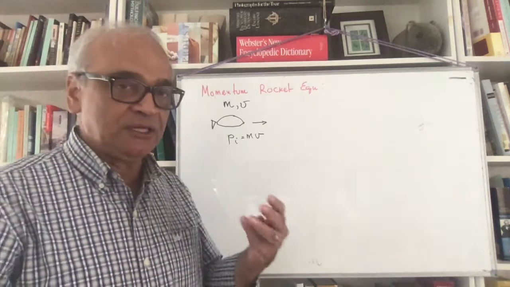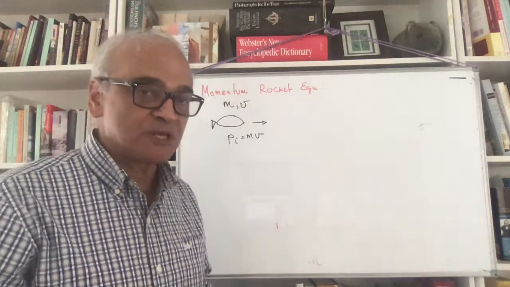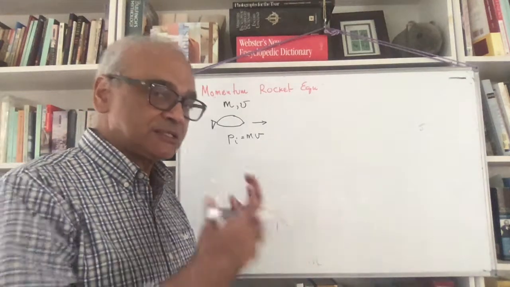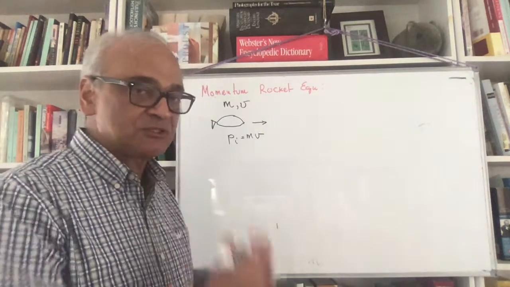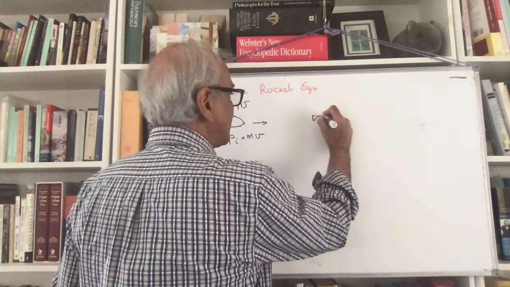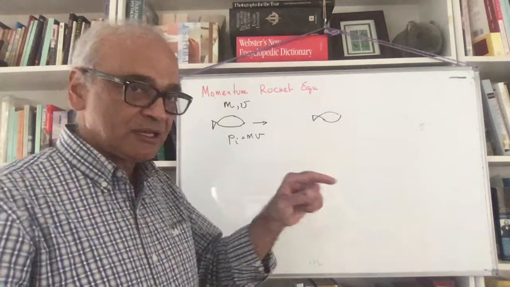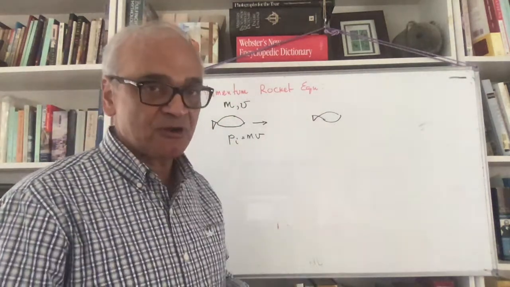And then to increase its velocity, it burns fuel and puts this fuel to the back of the rocket. As the fuel exits the rocket, it gives a kick to the forward motion of the rocket.